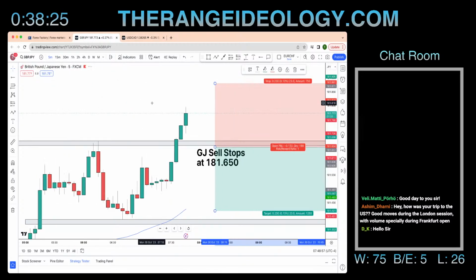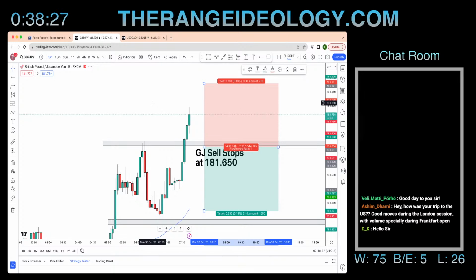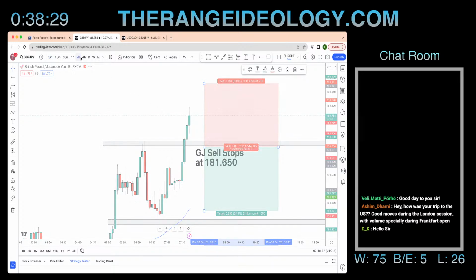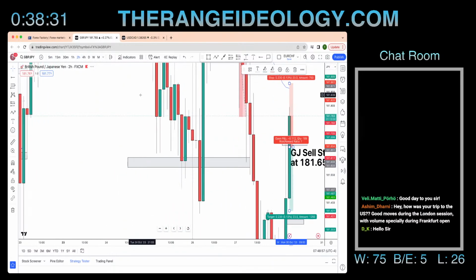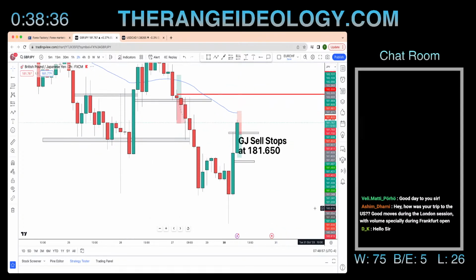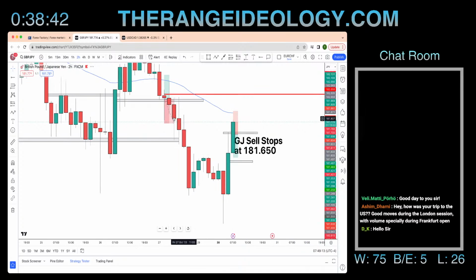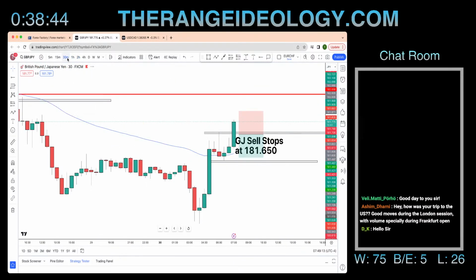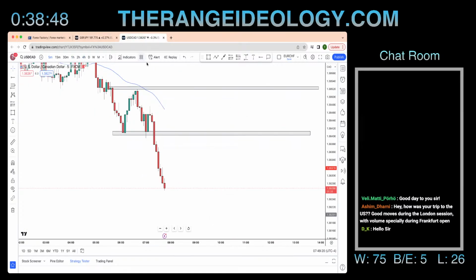For GJ again, I'm looking at seeing if he's going to go for the 2-hour EMA and then reverse. We have the New York opening coming up as well, so don't want everything to just go left here.